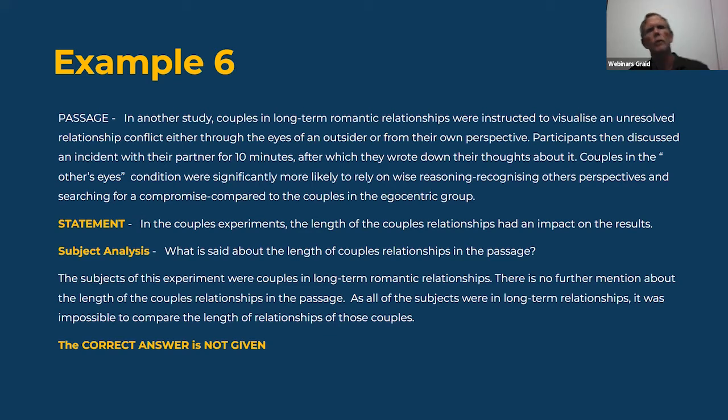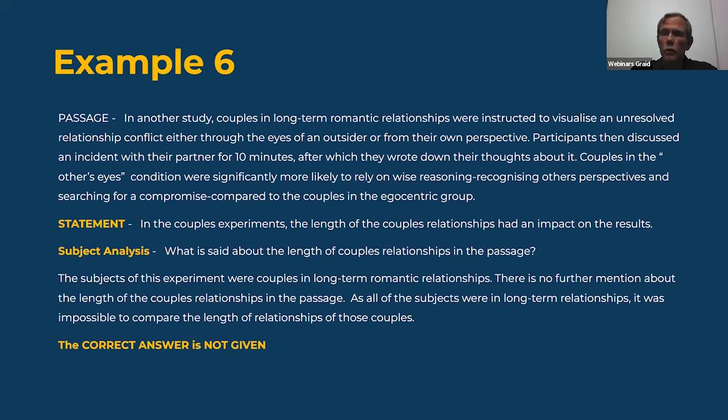Now, if we look at the statement, it says, in the couples experiments, the length of the couples' relationships had an impact on the results. So we need to say what is said about the length of couples' relationships in the passage. When we read, we can see that the subjects of this experiment were couples in long-term romantic relationships.